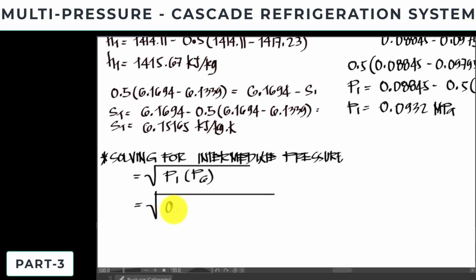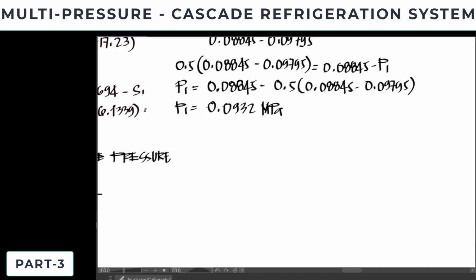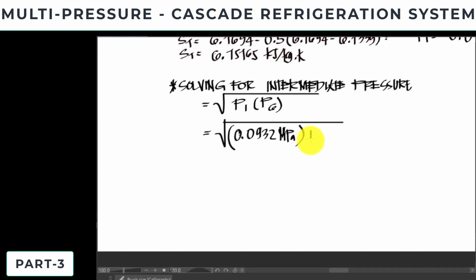We have 0.0932 megapascal times the value of the pressure at the high stage, which is 1,514.2, also in terms of megapascal. So we have your intermediate pressure.